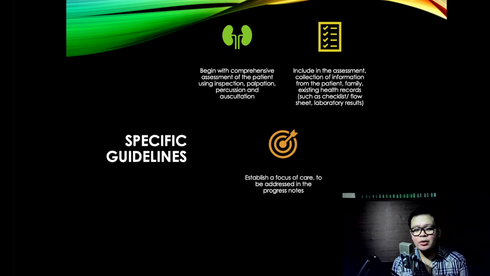Say for example, you look at the chart and you were able to find out that the patient has electrolyte imbalance due to imbalances of the sodium and potassium. That could be a very good focus for you to identify. Next is you have to establish a focus of care to be addressed in the progress notes. So of course, we have to start first with the focus before we proceed to the DAR column.